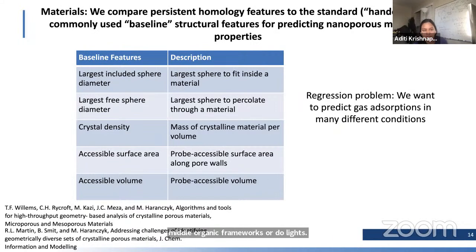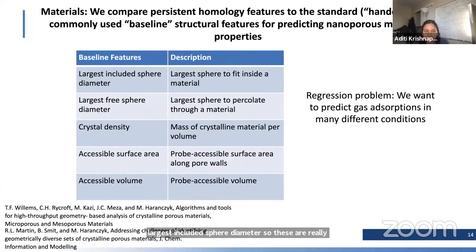So to get a really fair comparison for how well our method does, we went a step further and picked the best features that that community is using now, the most accurate features that you can get for these types of problems. And you'll see that they're very specific to the problems. So you might have something like density, but you also have accessible surface area or largest included sphere diameter. So these are really catered to the specific problem of choice.